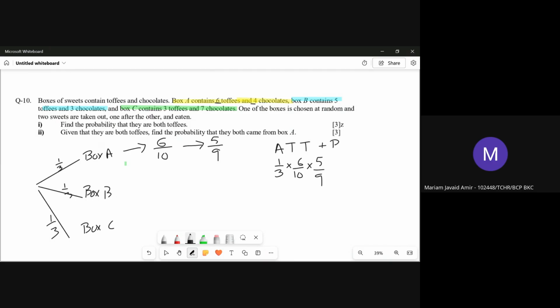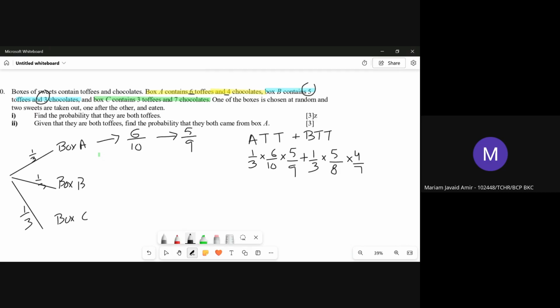Plus we do the same for box B. Box B has a probability of 1/3 of being selected, and then there are 5 toffees out of 5 plus 3, 8 candies. So 5 over 8 is the probability of the first toffee. It's eaten, now there are 4 out of 7 toffees left, so into 4 over 7. We do the same for C. Box C has a probability of 1/3.